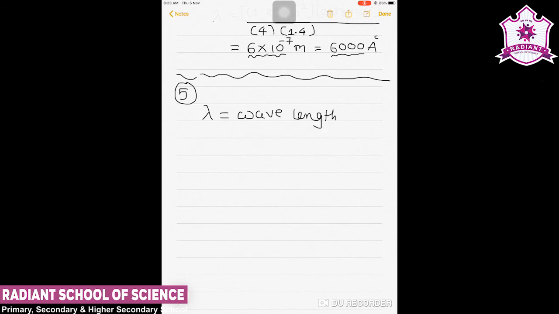The intensity of light at a point on a screen where the path difference is lambda is K units. So the intensity, that is the resultant intensity, is given as K units.